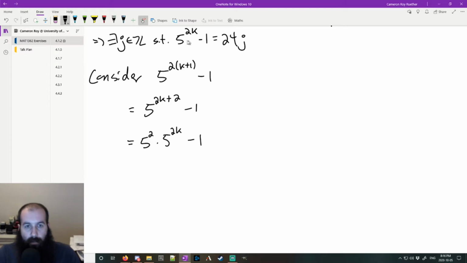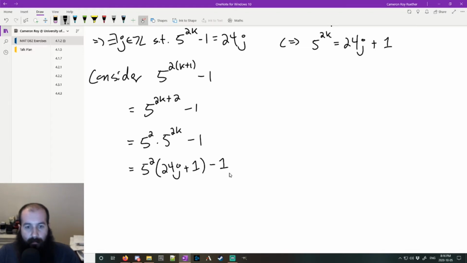What we can do is use this inductive assumption and rearrange it to isolate for 5 to the 2k. So this is the same as saying 5 to the power of 2k is 24 times j plus 1. So we can say that this is 5 squared times 24j plus 1 using our inductive assumption. Now this we can just expand.